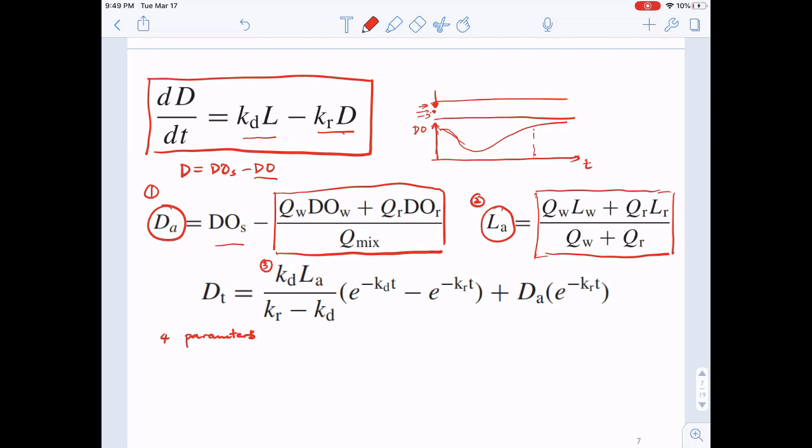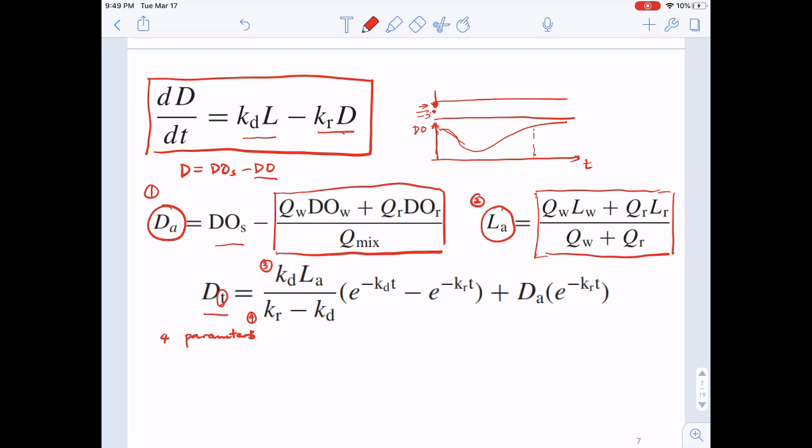We also need 2 more parameters, which are the deoxygenation rate, right? And also the reaeration rate. Okay, once we have all of these 4 parameters, we can directly plug them into this equation to calculate the oxygen deficit at any time.